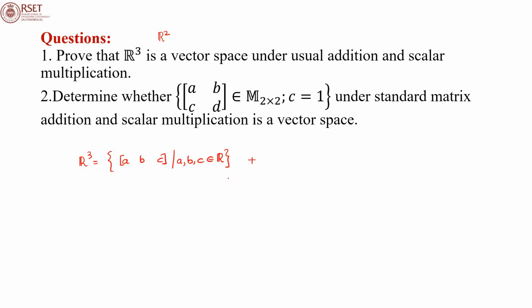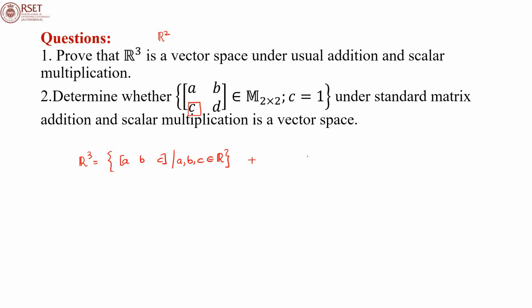The second question is, determine whether the set of all 2 by 2 matrices is a vector space. Here there is a peculiarity for these 2 by 2 matrices. There is a restriction given: this entry must always be 1. You are not asked to prove it, you are asked to determine whether the given set is a vector space.